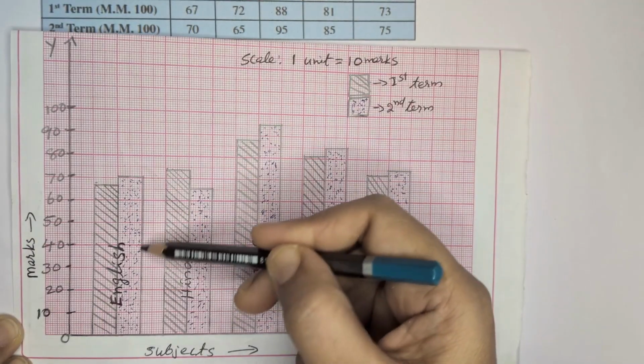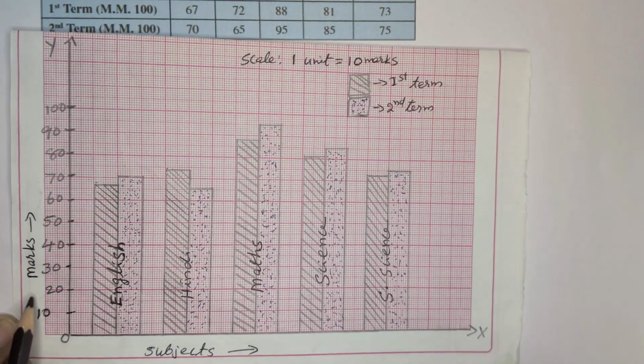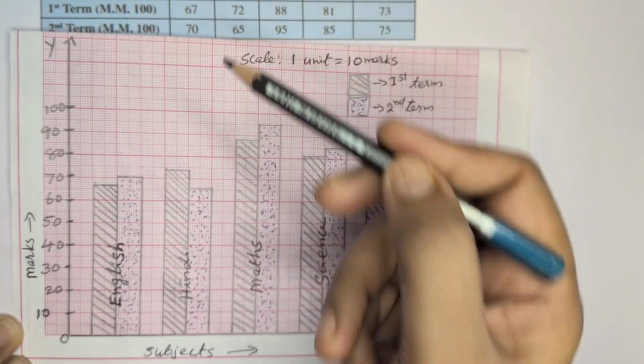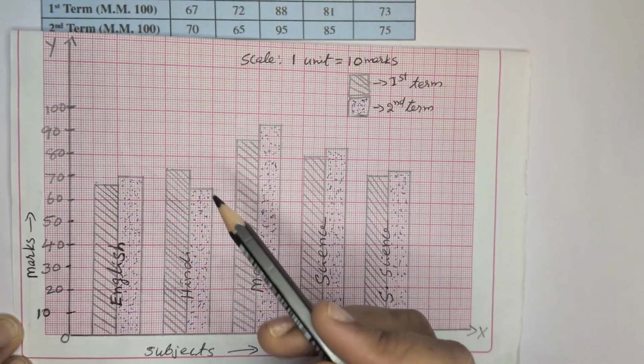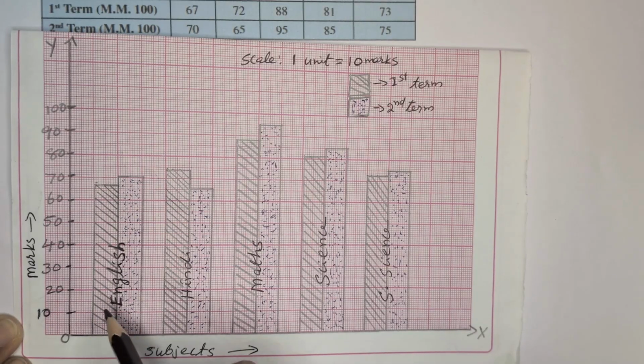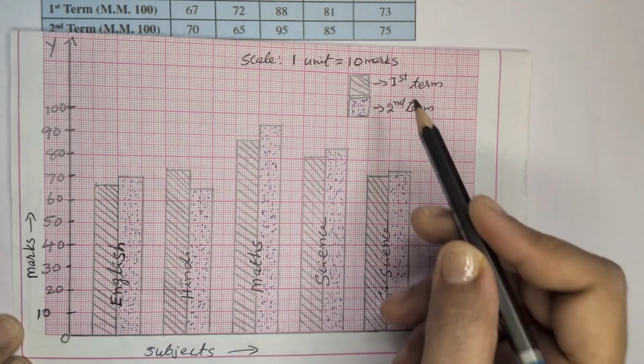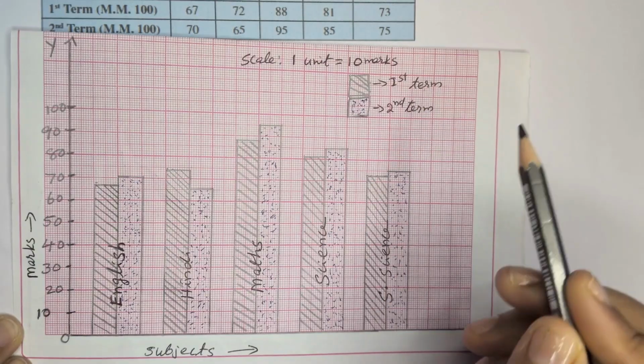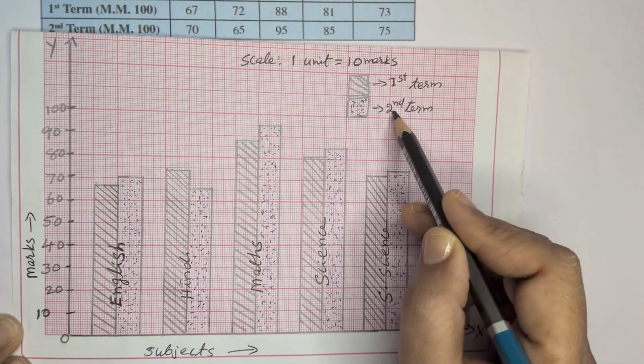First subject English, this side subjects, this side y-axis representing marks out of 100, here different subjects. Now English 67 and 70. First term representing by this shade, or you can give different colors otherwise. Here this shade representing first term, dots representing second term.